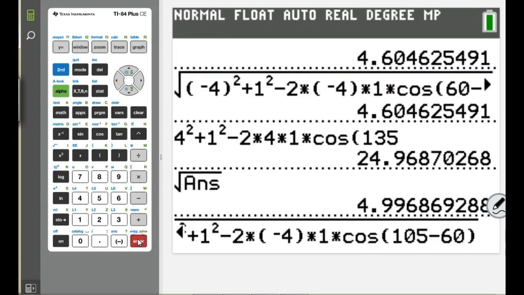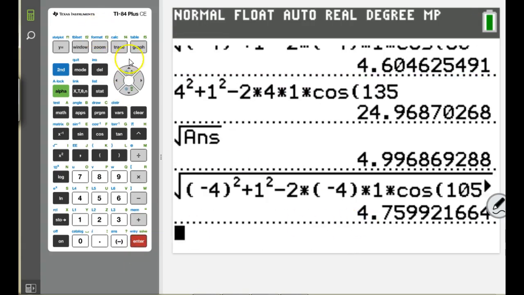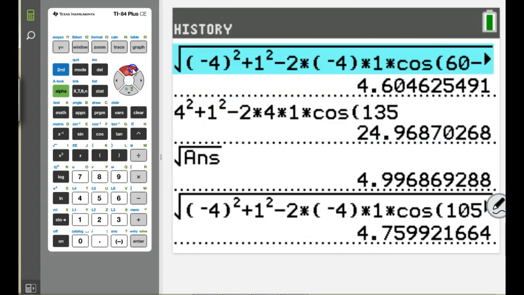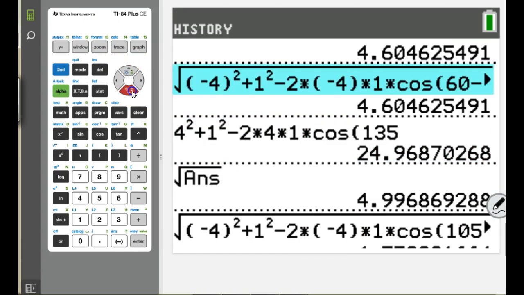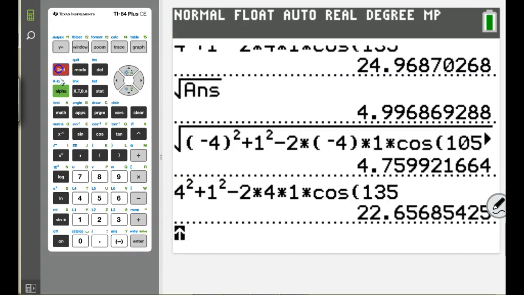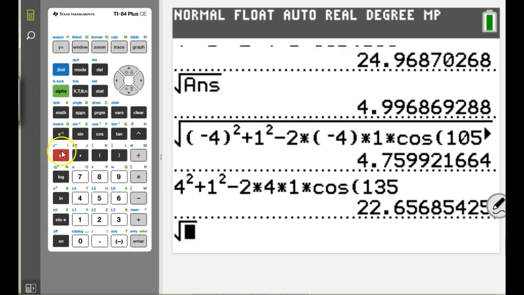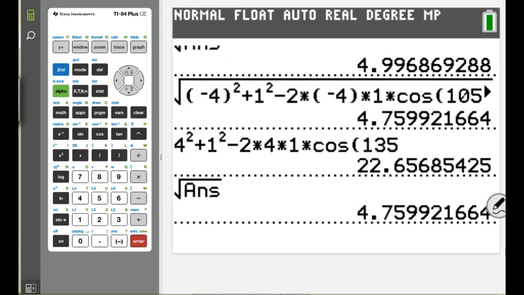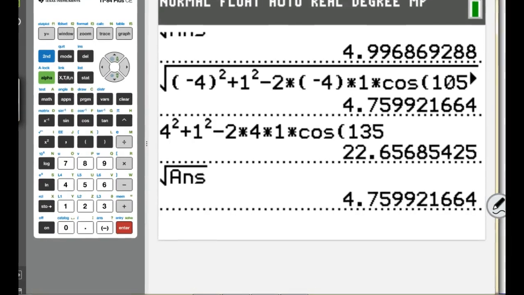So this one, 4.76. This one, enter, and then I still got a square root. But no one was saying, I'm getting 4.76. That's what I asked you guys. Okay, so it does work no matter which of those you use.